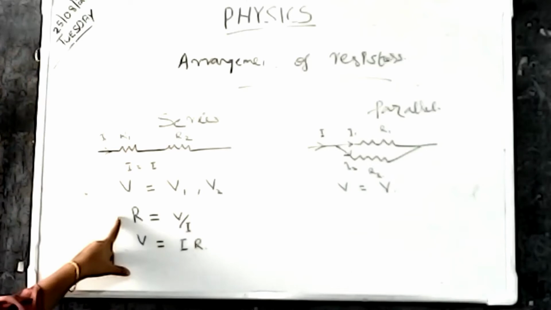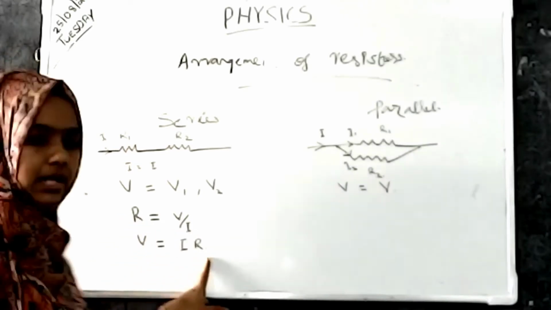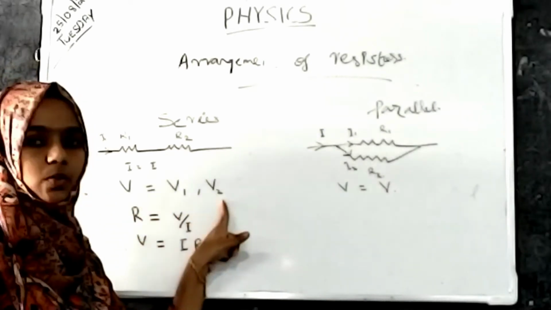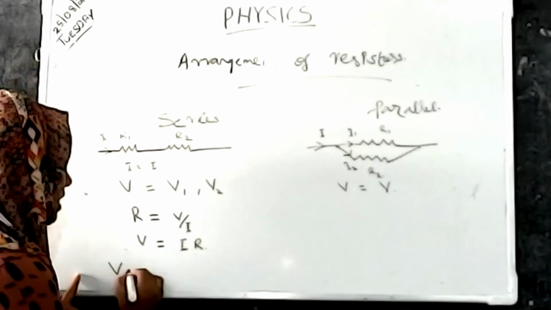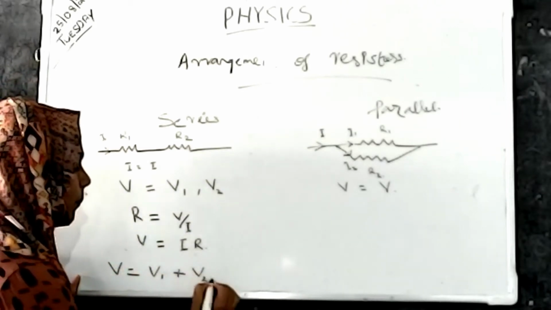Okay, R is equal to V by I and V is equal to IR. So here V is V1 and V2. So V is equal to V1 plus V2.